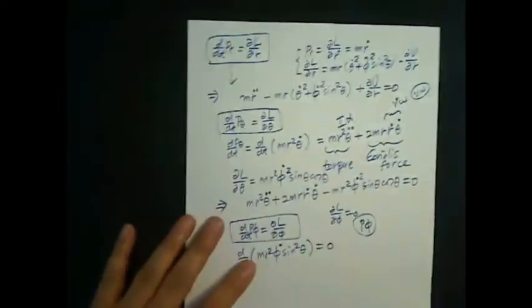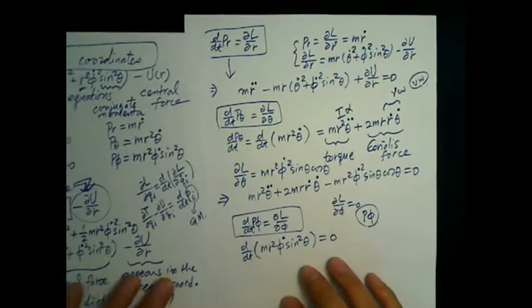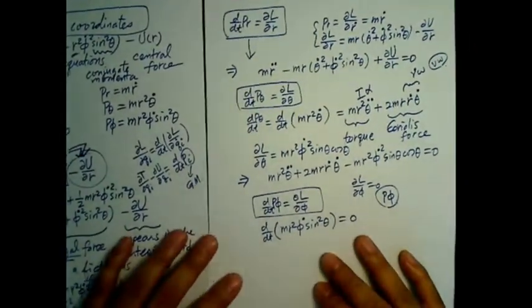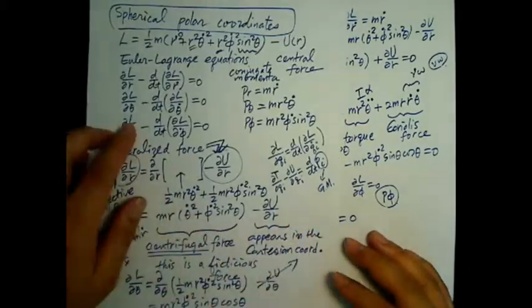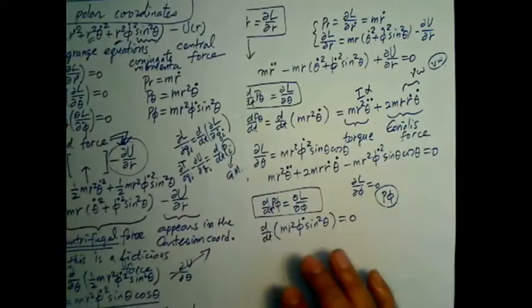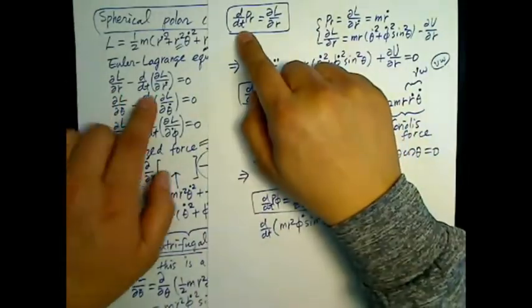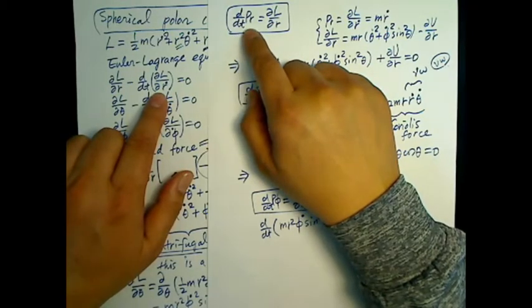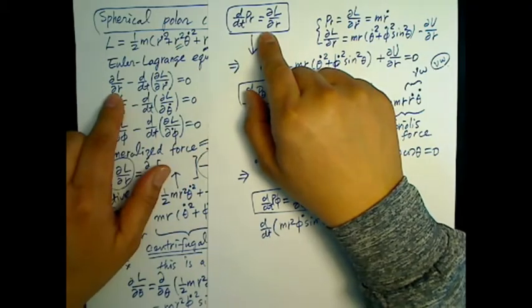Thus, we consider this. The Euler-Lagrange equation for the radial part is: time derivative of conjugate momentum p r equals the Lagrangian's partial derivative with respect to r.